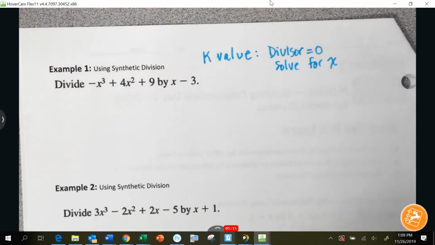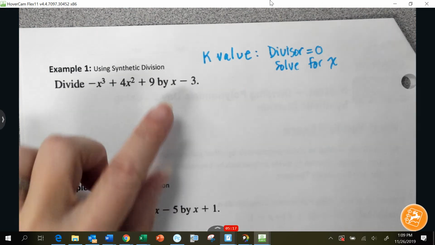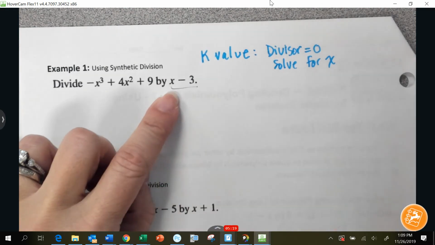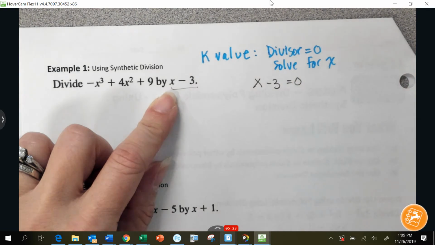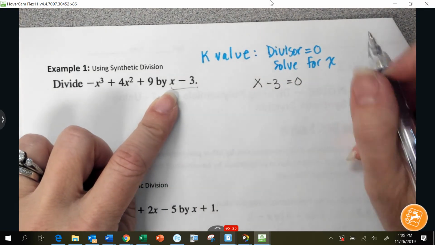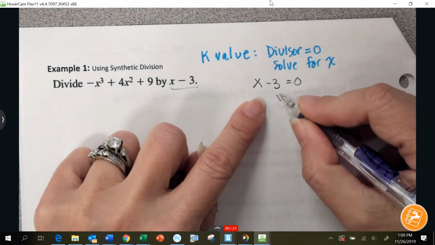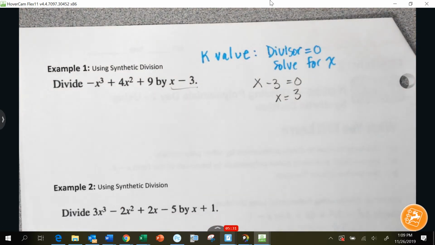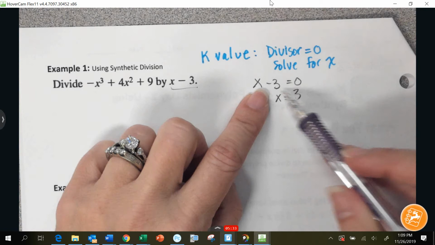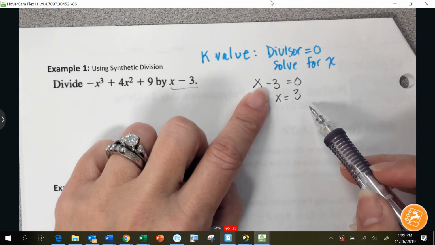Okay, this is how I'm going to find my k value. So in this equation, the divisor is x minus 3. So I'm going to set that equal to 0. I'm going to solve for x, and what does x equal? 3. So what's going to happen is it's always going to be the opposite sign. We've done this stuff before, right?